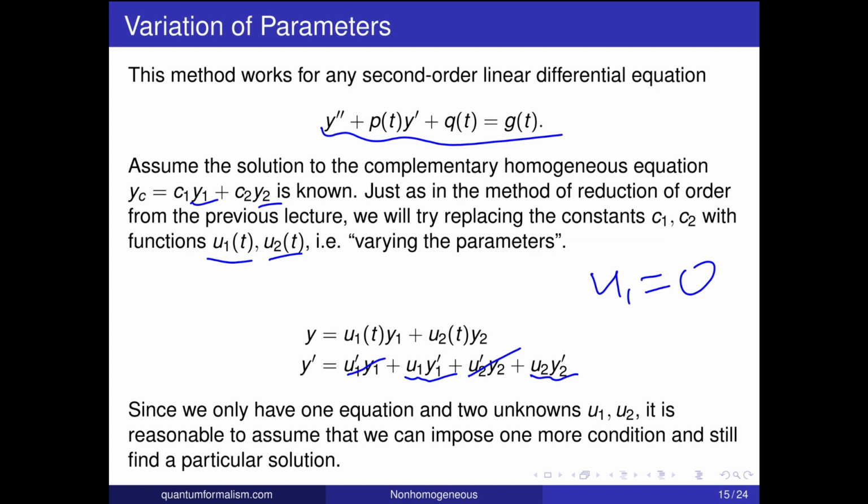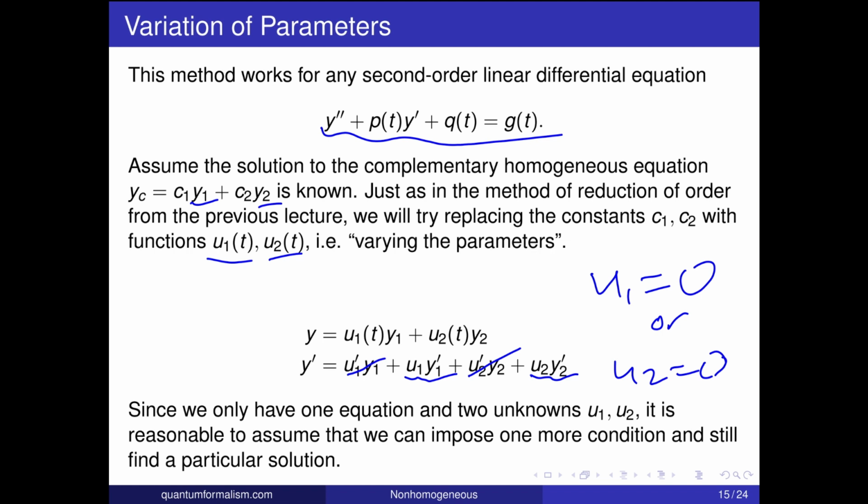So you'd just be working with the homogeneous solution y2, and you would produce another homogeneous solution, essentially using reduction of order, at the same time as cooking up a particular solution. So the calculations will be more difficult, to compensate for that. So that's another choice of condition you can impose. Similarly, you could impose u2 is equal to 0, and then you'd start with the homogeneous solution y1 and use this combination of reduction of order plus variation of parameters to produce a second homogeneous solution and a particular solution.